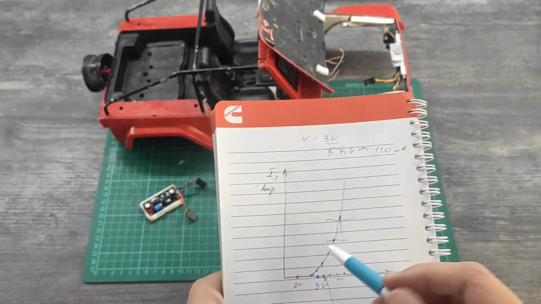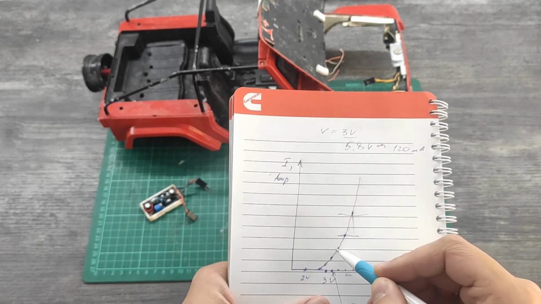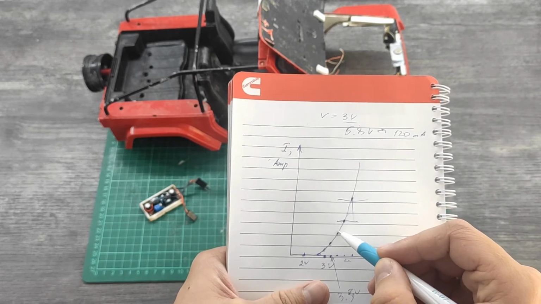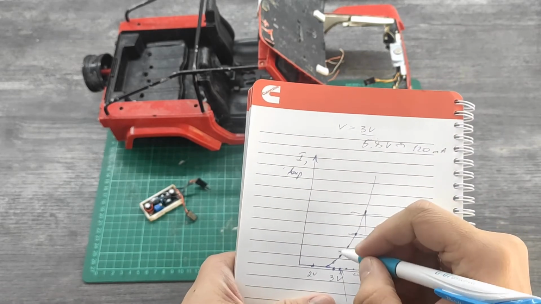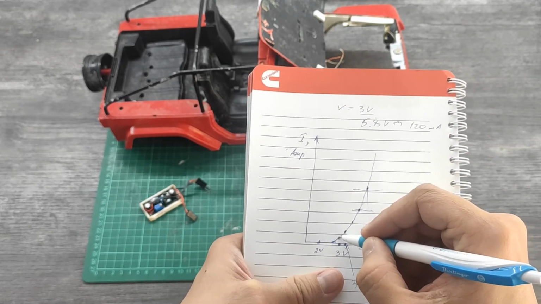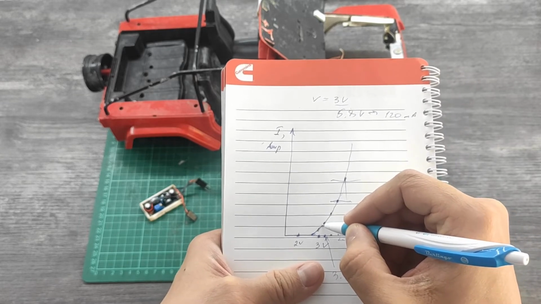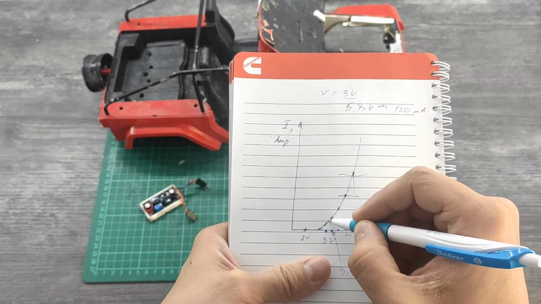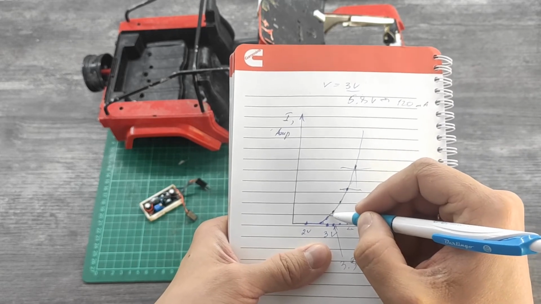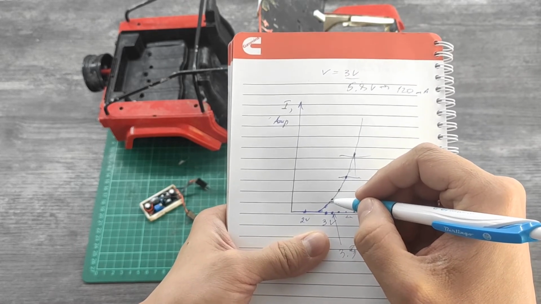the process is the following: when you have some current flowing through an LED, the LED heats up and the voltage drop increases. Initially, let's say it's 3 volts on one LED. Then when it heats up, it will be like 3.1, for instance. The current increases, the LED heats up more, and the voltage is now 3.2.